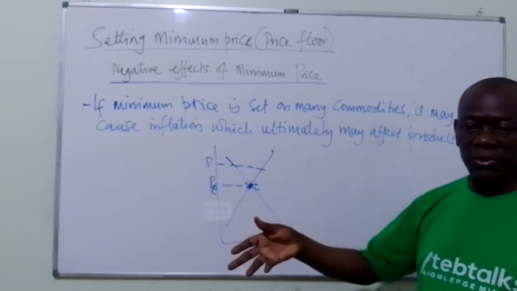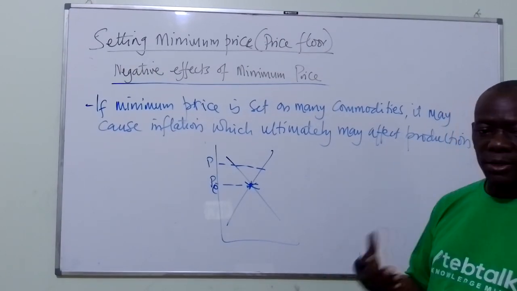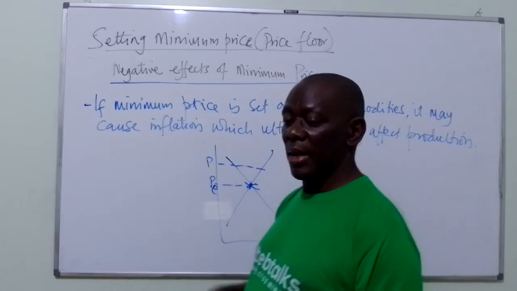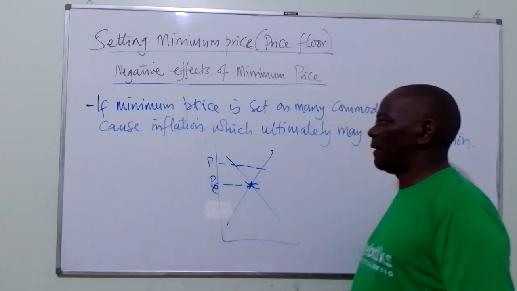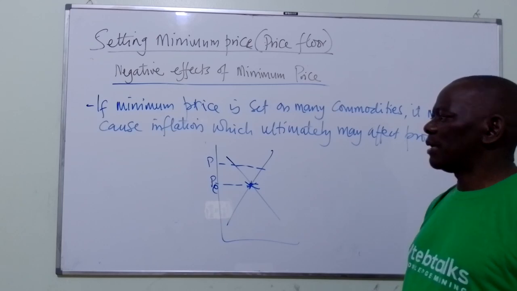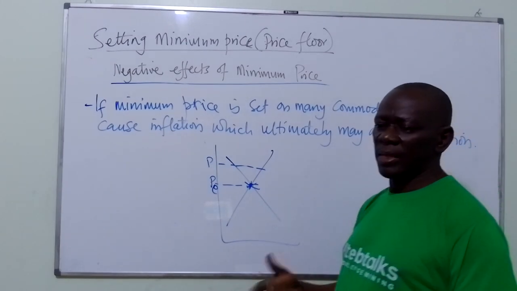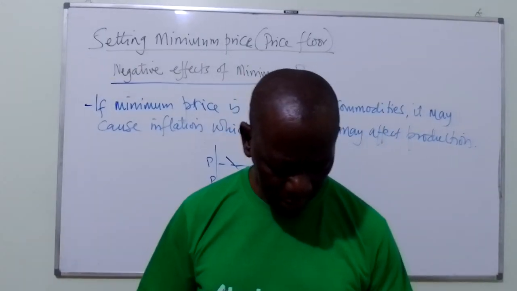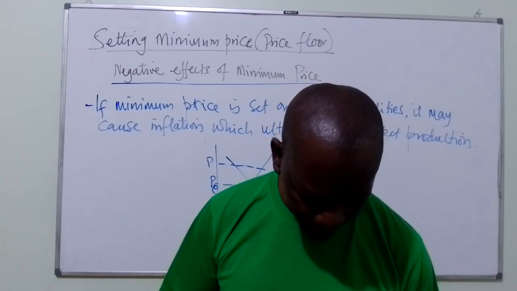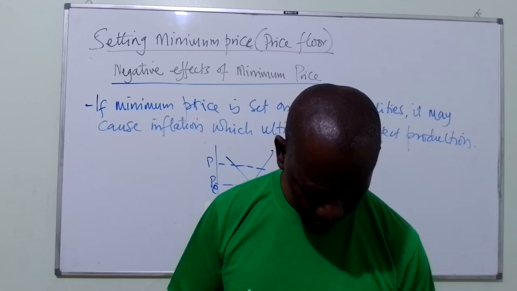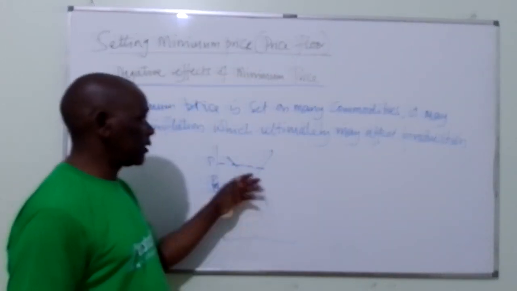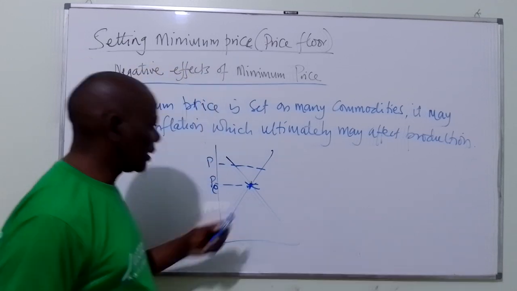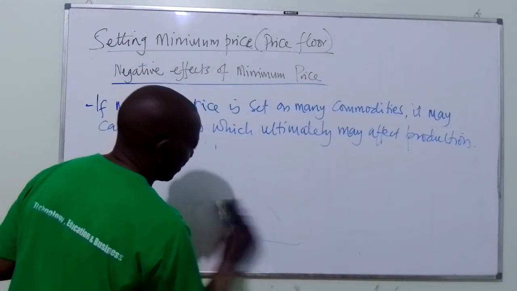Speculation usually discourages real production, and finally the economy is going to suffer with so many other aspects: unemployment, low tax revenue, low pace of development, and planning becomes a problem. Why? Because inflation has come in. So that is another negative aspect of minimum price. Generally, those are some of the negative effects of minimum price.